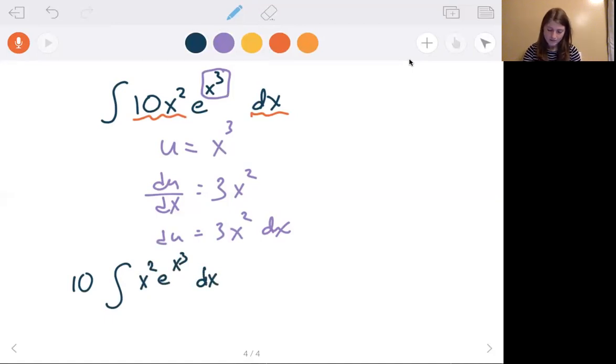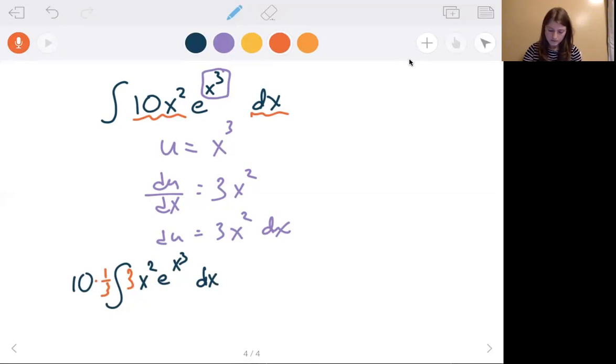Life would be perfect if we just had a 3, right? But we can't just multiply by a 3 because that is not balanced. If we multiply by a 3 inside our integrand, we also have to balance it so we're not changing the equation. Keep in mind, the 10 was there originally, but when I put in the 3, I have to balance it with the 1/3 so that I'm not changing my expression.